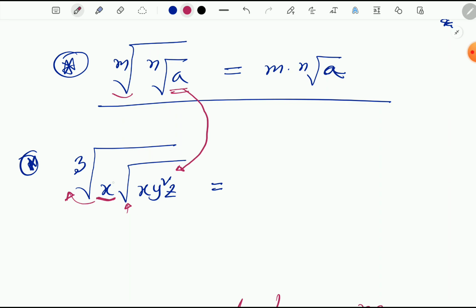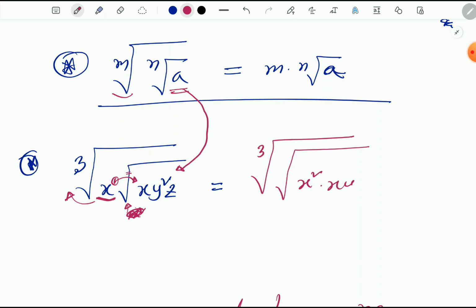And this is a square root. So if I want to take it inside, what should be the power? x square, because if there is a square. Let me write here cube root of x square root of x y squared z.